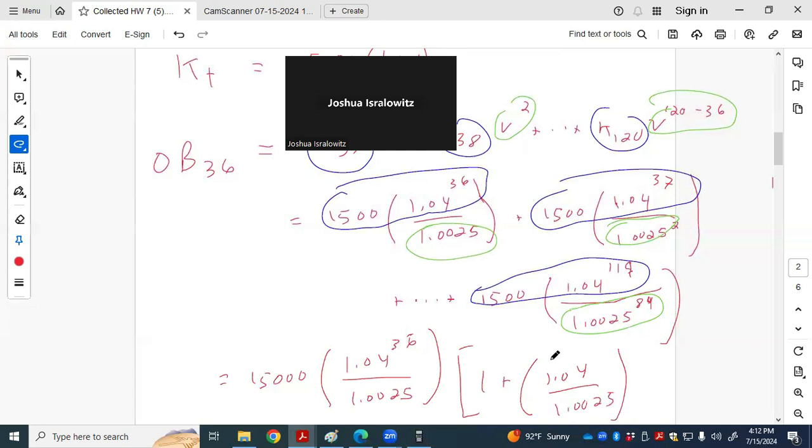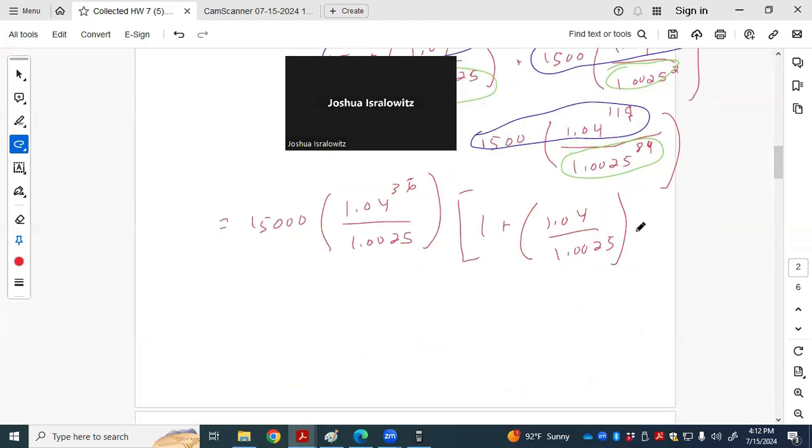Distribute, you get an exponent of 37 for the 1.04, an exponent of 2 for the denominator. To get an exponent of 119, or rather to get an exponent of 84, if you have an exponent of 1 here, it's got to be 83.